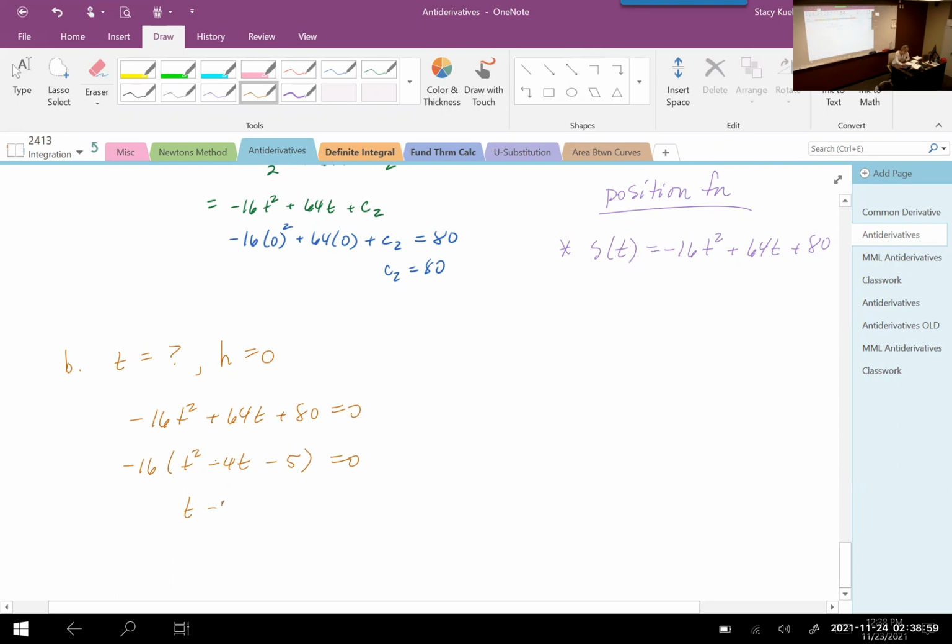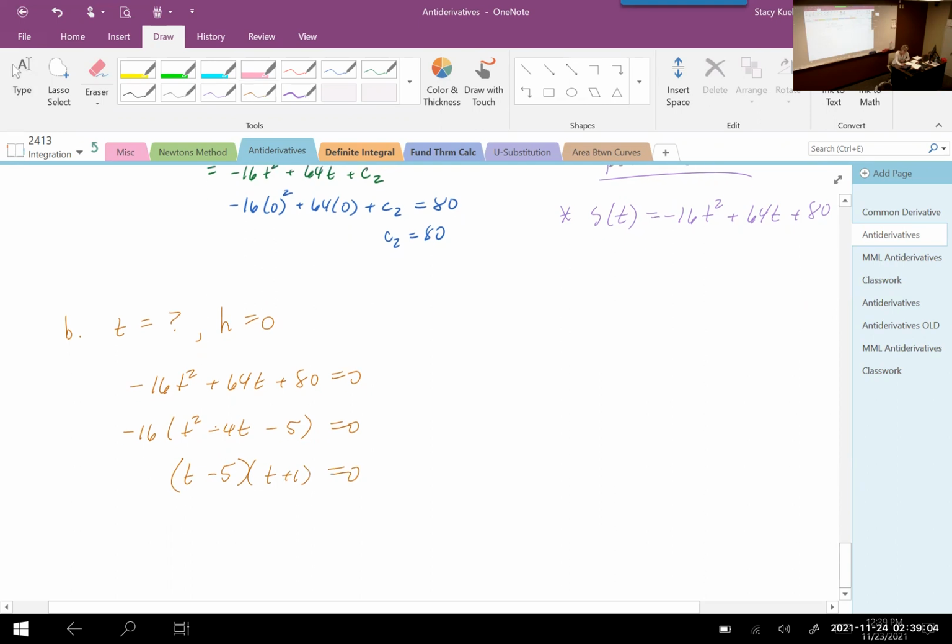So t minus 5 plus 1. T has to be 5 and negative 1. So when does the ball hit the ground? 5 seconds after it's thrown. Okay.